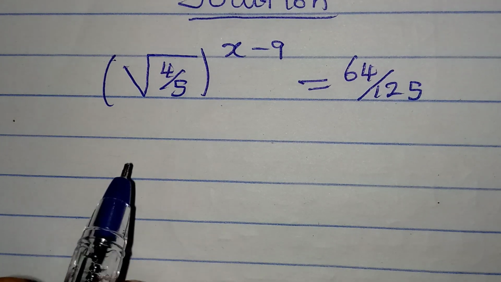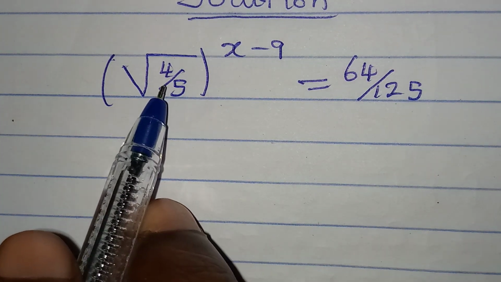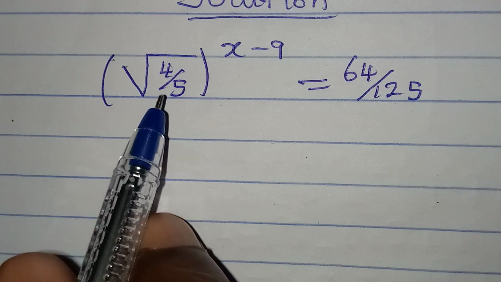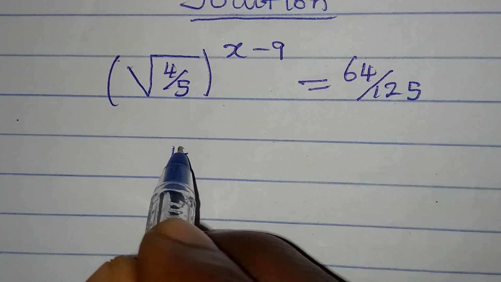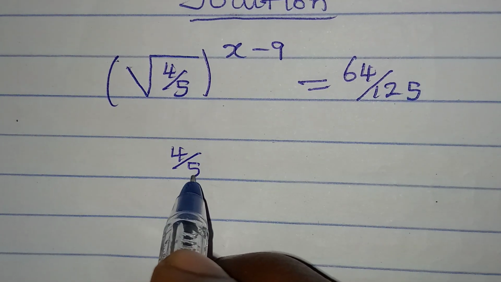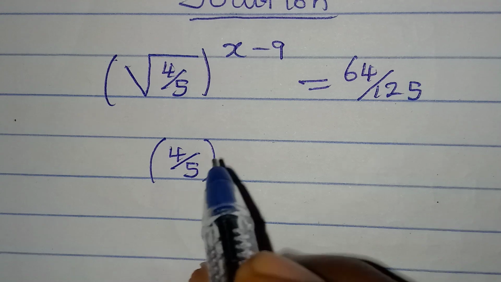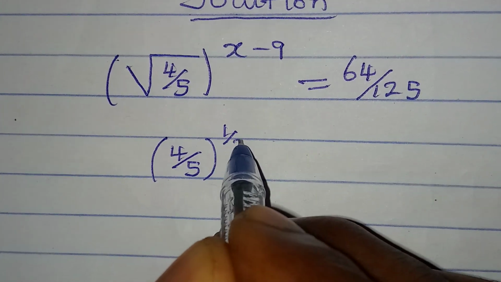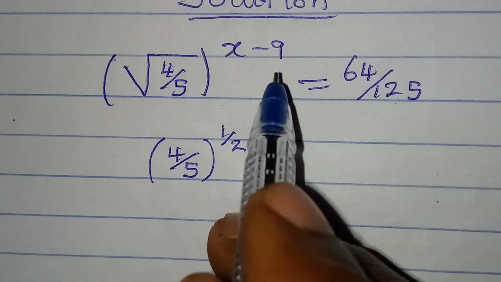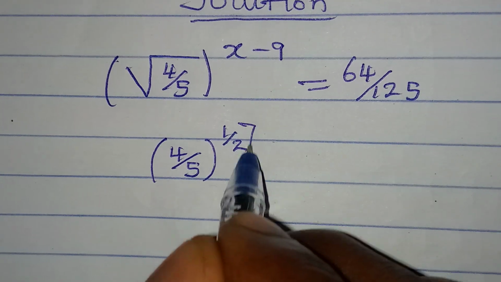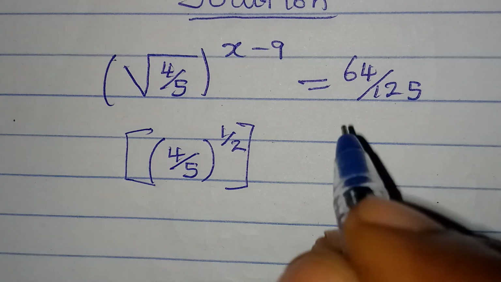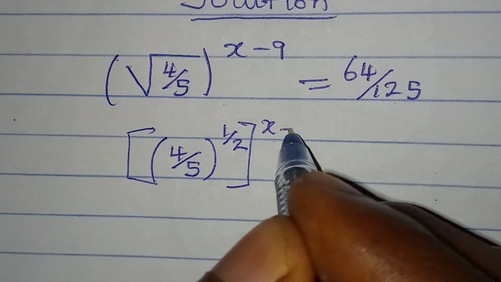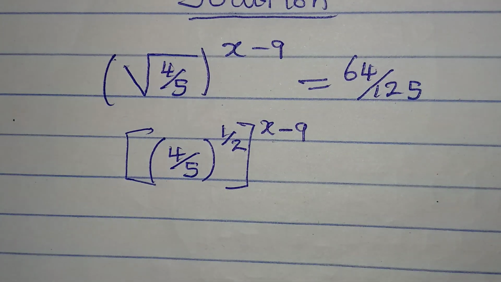Remember that we are looking for the square root of 4 over 5, and that will be the same thing as (4/5)^(1/2), but then the power outside will still be there, and that is x − 9.